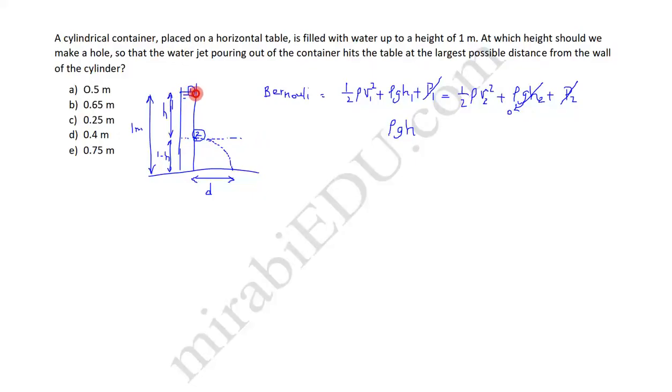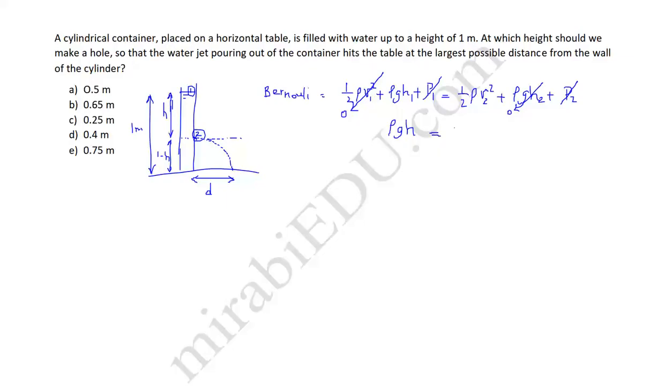Maybe the water level is coming down and it has a velocity, but the velocity is negligible with respect to v2, because the surface area here is much greater than the surface area of the jet of water. Therefore the v1 squared term is negligible.